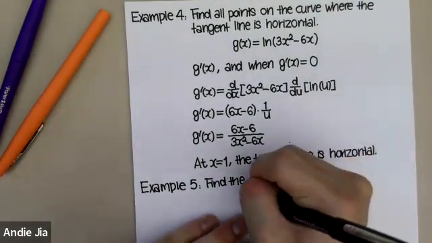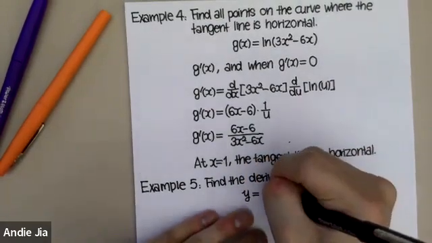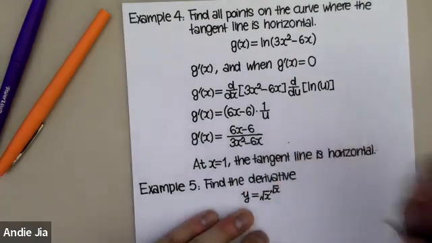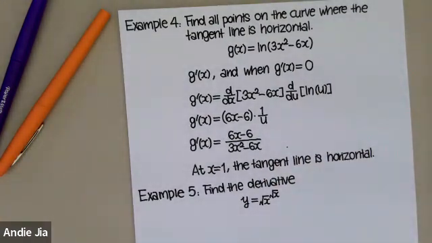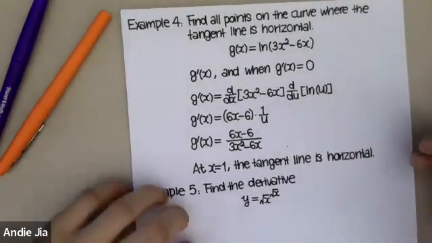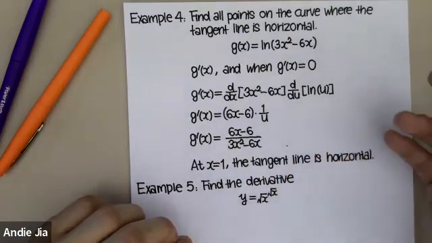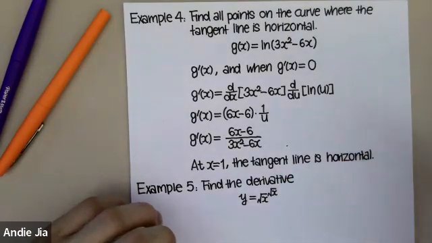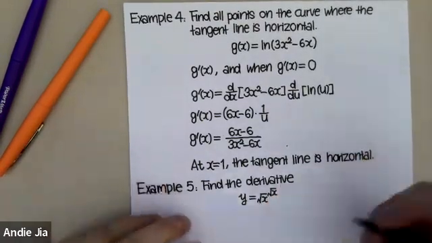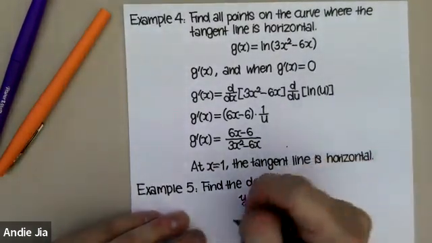We have y equals x to the square root of x. Wow, this is going to be a complicated function, but don't feel afraid. We're just going to solve it, because the square root of x is like x to the 1/2. So what do we do? Just do logarithm differentiation.